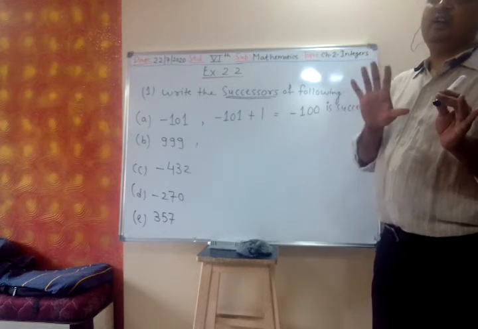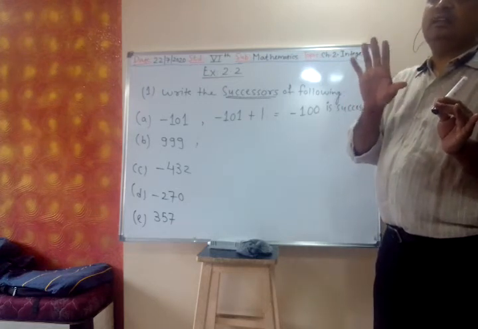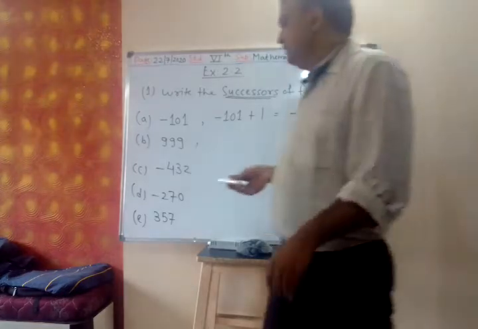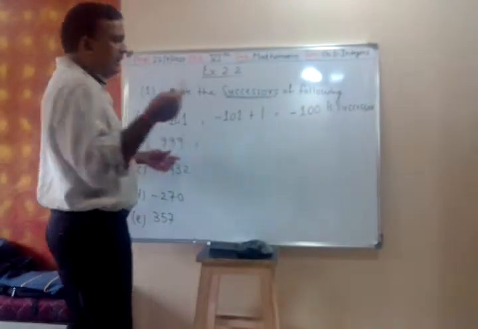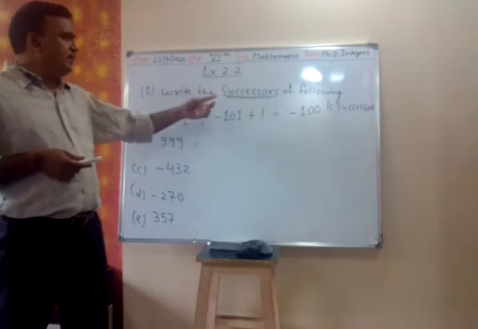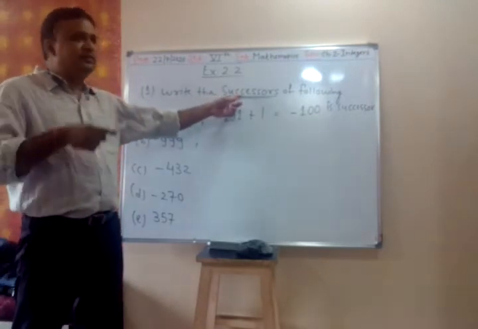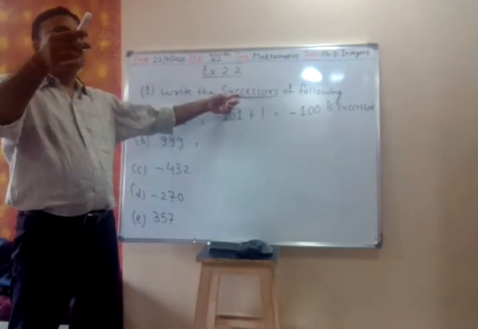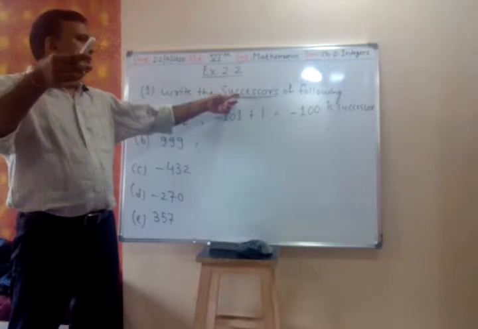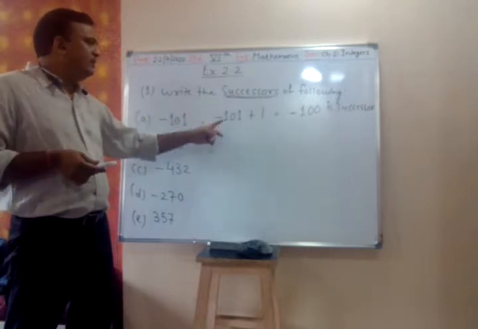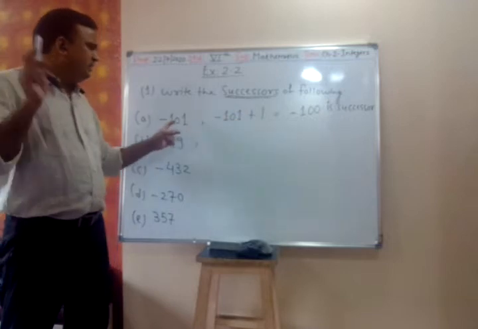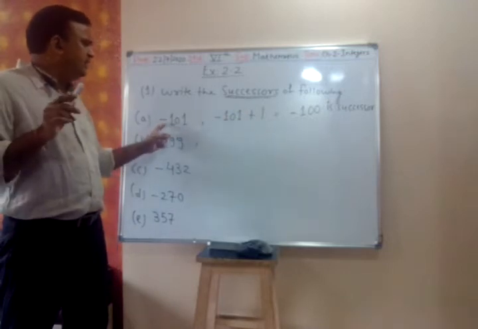Wait, we are not plotting the number on the number line. We are simplifying that using addition table. Successor means you have to find the next number, immediately next. And to find successor, we add 1 to the given number. The given number is minus 101.